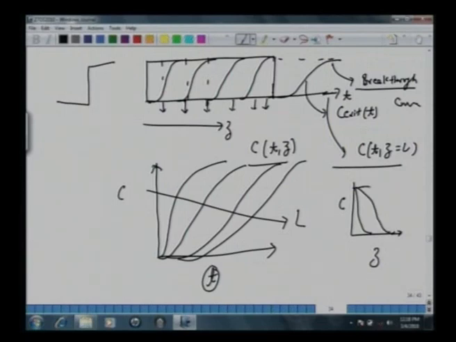So you must understand, this is increasing time and this is increasing length this way. So this is your concentration history at different locations.